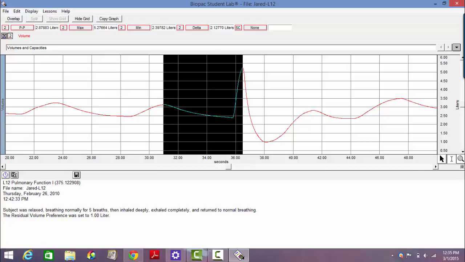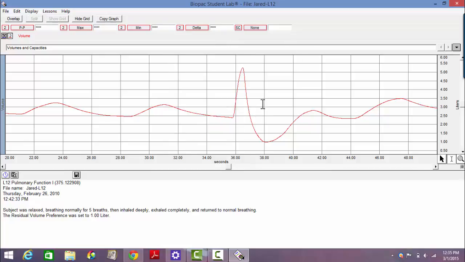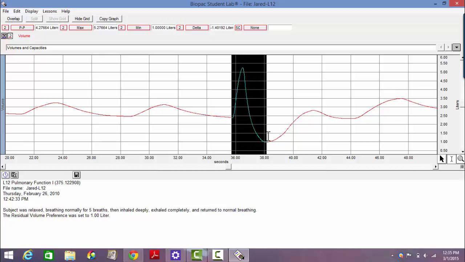So we don't want to use the P to P value, but we want to use the delta value. So 2.13 liters for inspiratory reserve. And then we can do the same kind of measurement for expiratory reserve. So what I want to do here is find the low point of normal expiration and the low point of maximal expiration. And we want to see the difference between those two, which is about 1.4 liters, give or take.